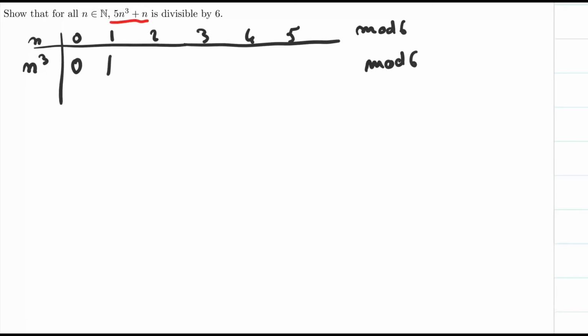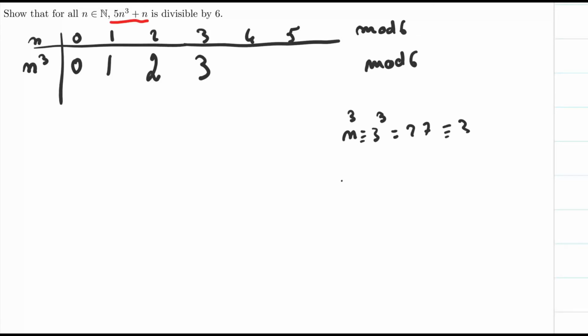If n is 2, n to the 3 is 2 times 2 times 2, which is 8, which is 2, modulo 6. If n is congruent to 3 modulo 6, n to the power 3 is congruent to 3 to the power 3, but 3 to the power 3 is 27, which is 24 plus 3, so it's the same thing as 3 modulo 6.